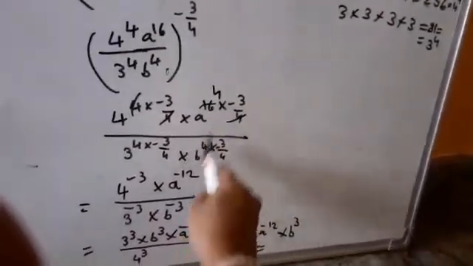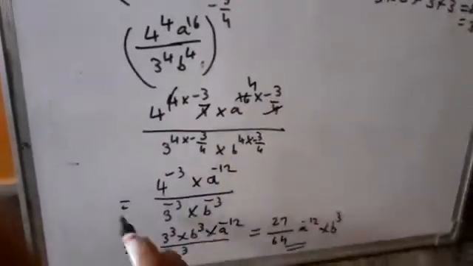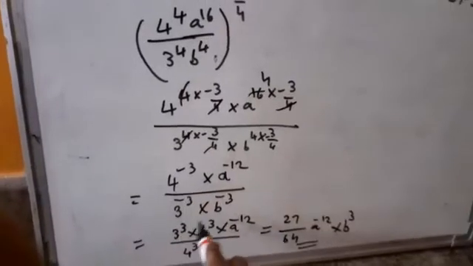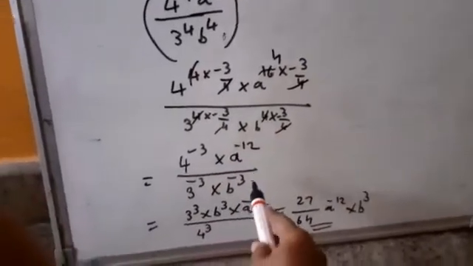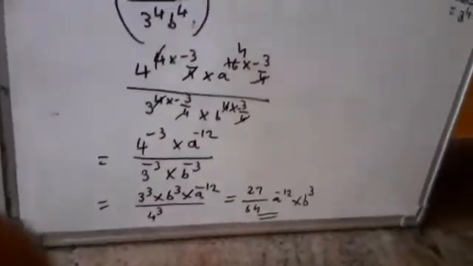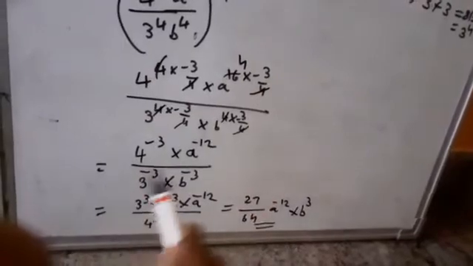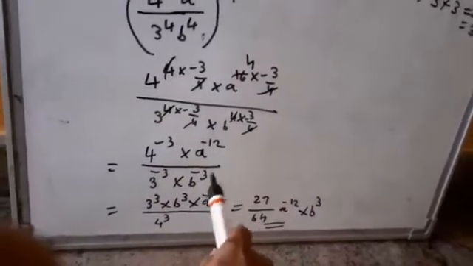Next, a to the power of 4 threes are 12, minus 12, plus into minus is minus, 4 threes are 12, divided by here 4 cancels, 3 to the power of minus 3, into b to the power of minus 3. Next, 4 to the power of minus 3 into a to the power of minus 12 divided by 3 to the power of minus 3 into b to the power of minus 3.